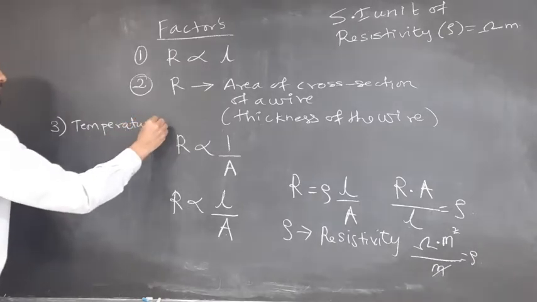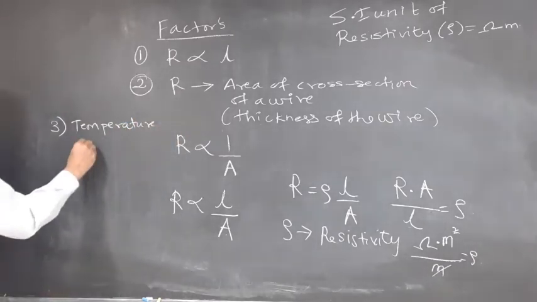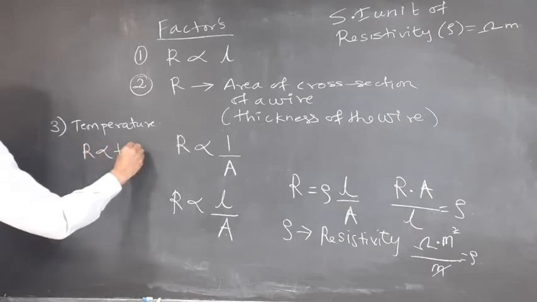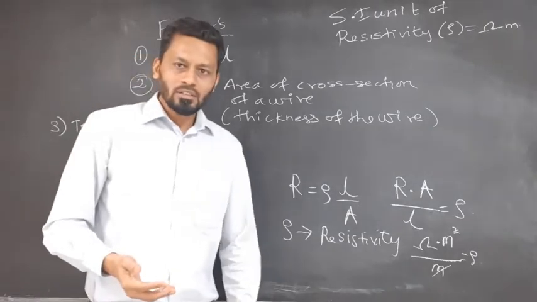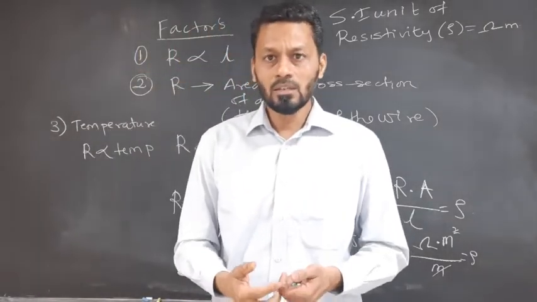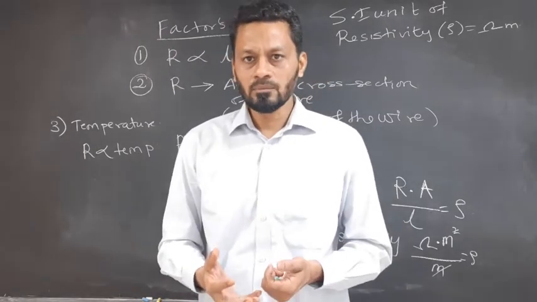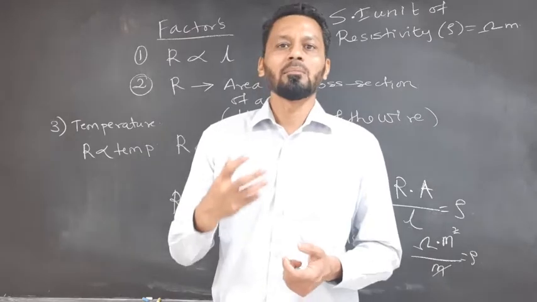If the temperature of the wire is increasing, then the resistance will also increase. So resistance is directly proportional to the temperature of the wire. Increase in resistance increases the heat energy, and due to that increasing heat energy, the wires melt.